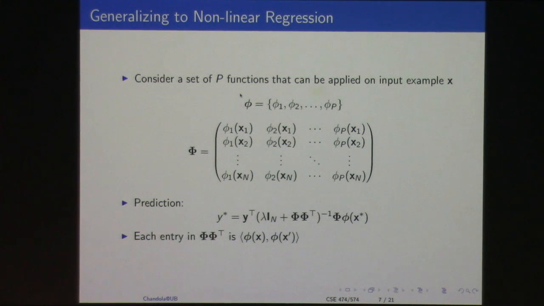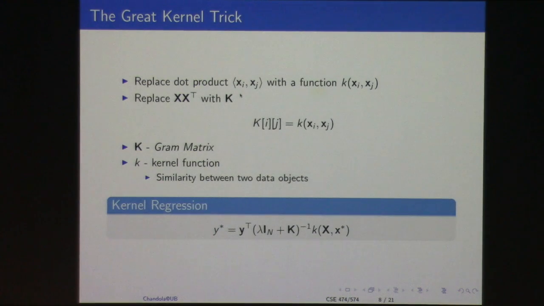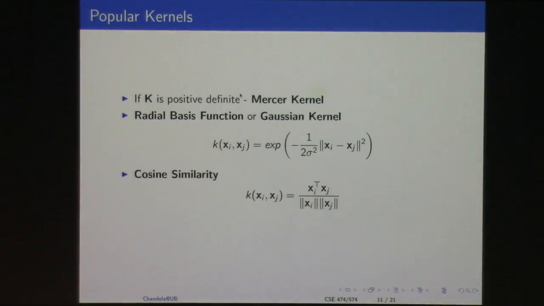The benefit becomes clearer when we look at one particular function, which is called the radial basis function, right? Let's look at the one in the middle. This similarity function computes similarity between a pair of objects, xi and xj, in this form, right?